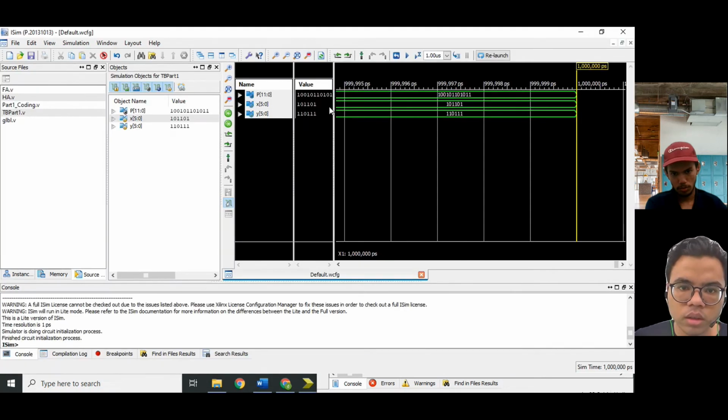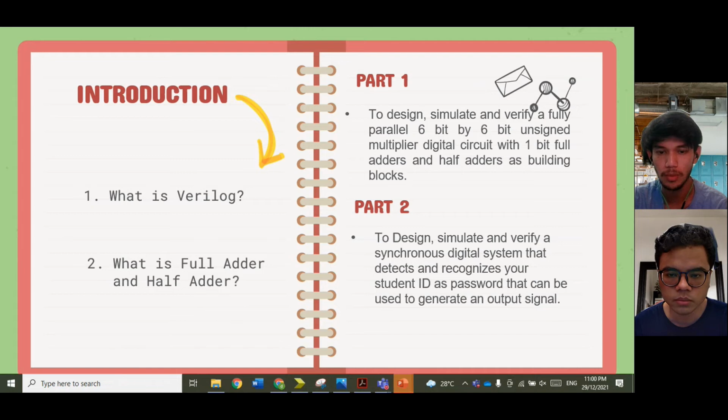The input for X is 101101, while Y is 110111. So at the output, we can see the output is 1001011011011.